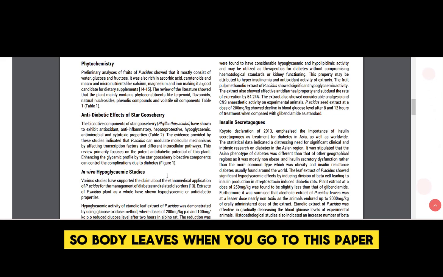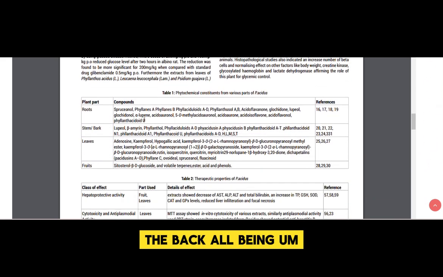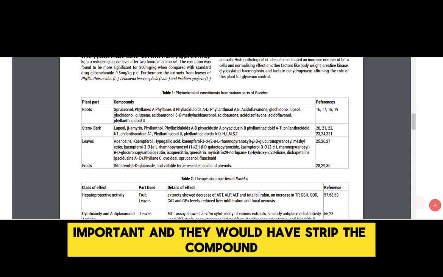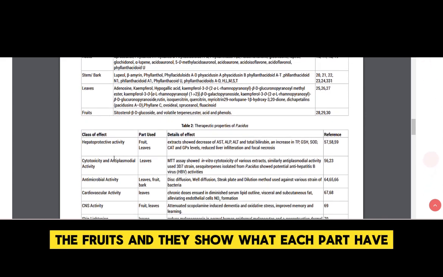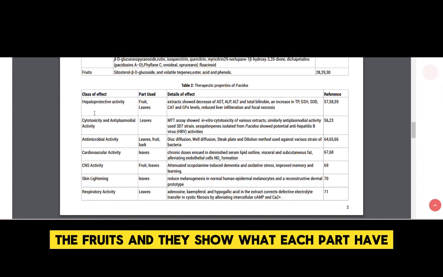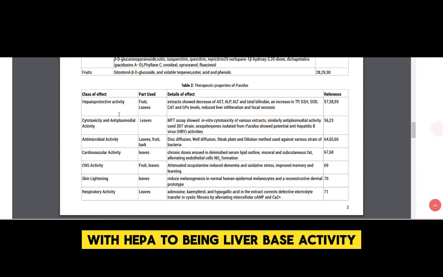So when you go through this paper, you see they speak about the root, the leaves, the bark, all being important, and they would have stripped the compounds. So the bark, the leaves, the root, the fruits, and they show what each part has. Now, the leaves and the fruit have hepatoprotective activities, hepato being liver-based activity.